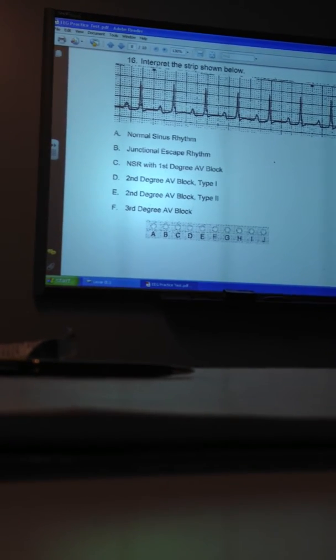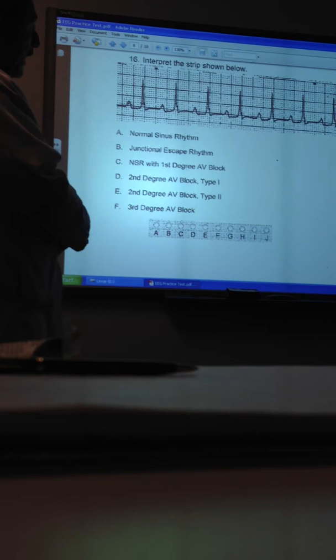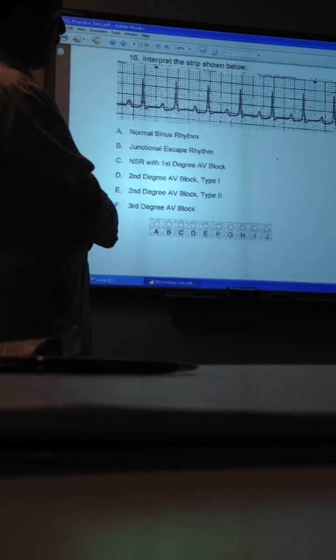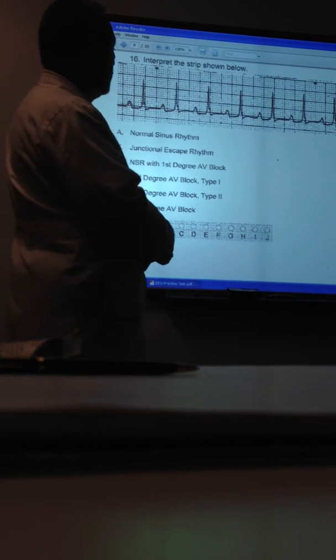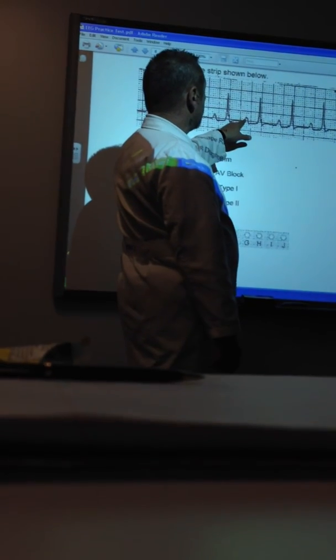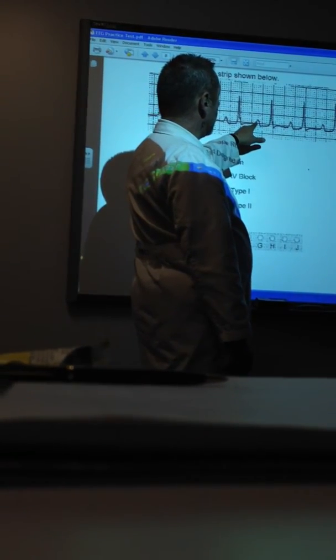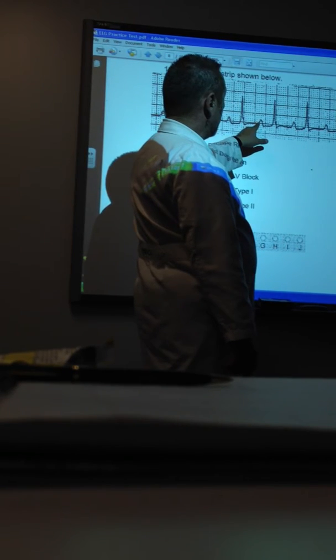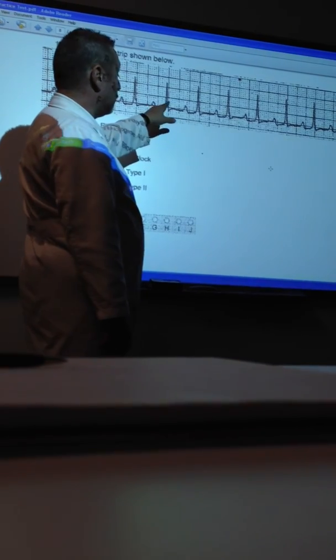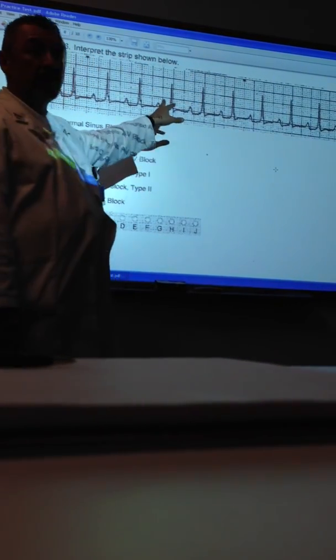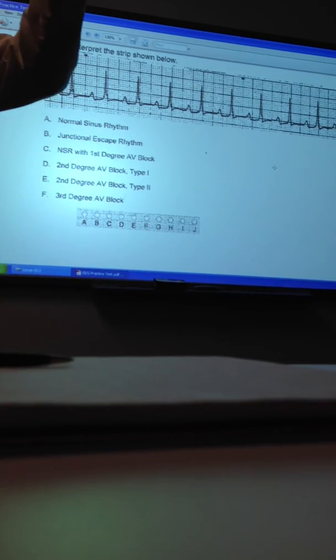C. And when I look at, let's see, which beat, even this beat here, from here to here, we're almost looking at one full box, which we already know is 0.2. This is a hell of a lot bigger than 0.2, so I know I got a first degree AV block there, right? Okay.